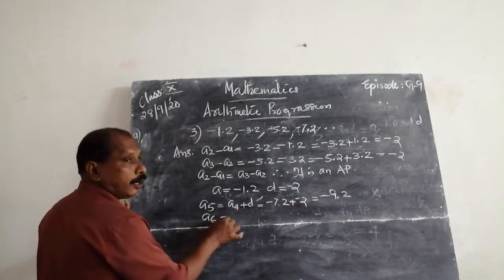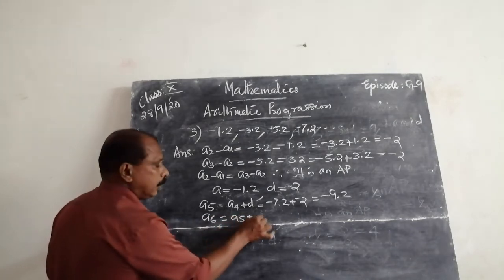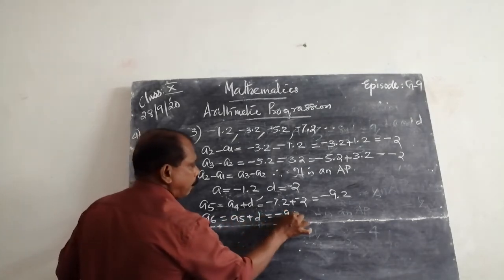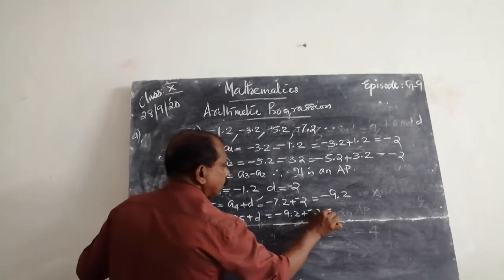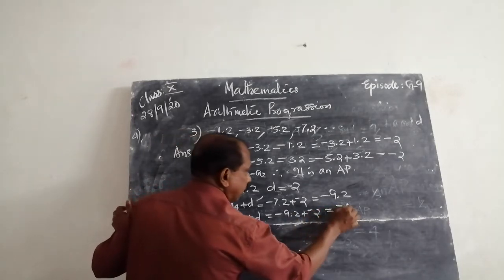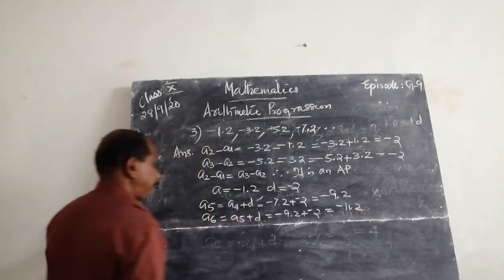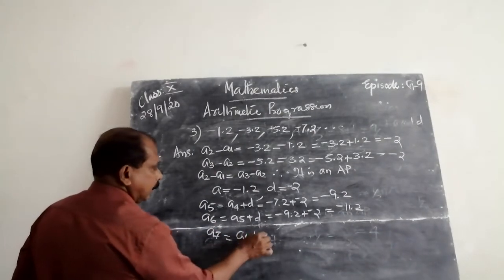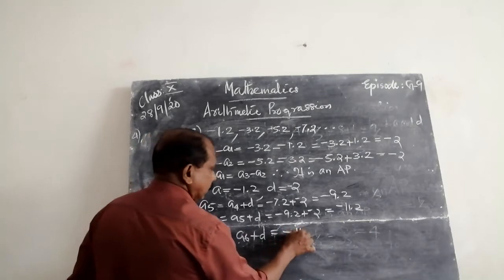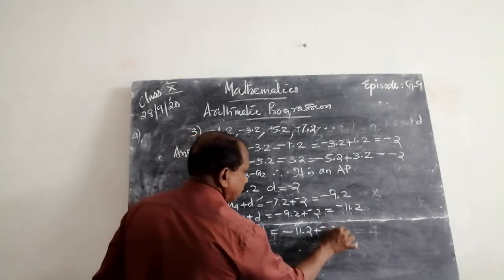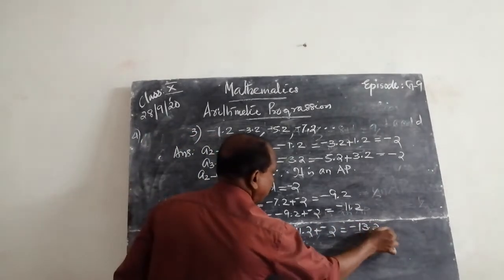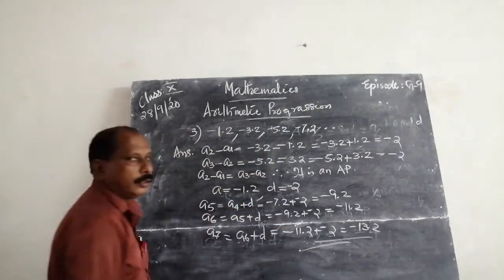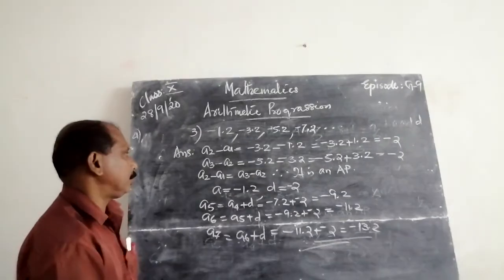A6 is equal to A5 plus B is equal to minus 9.2 plus minus 2, that is minus 11.2. Then A7 is equal to A6 plus B, that is equal to minus 11.2 plus minus 2 is equal to minus 13.2. Okay. That is the answer of that question.